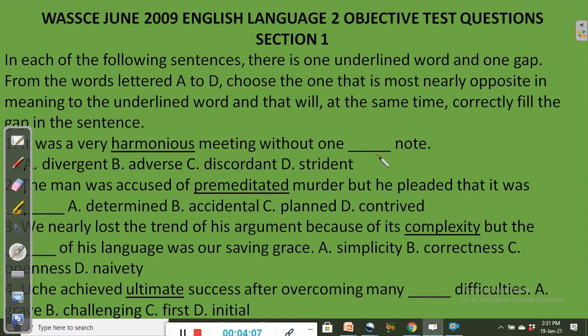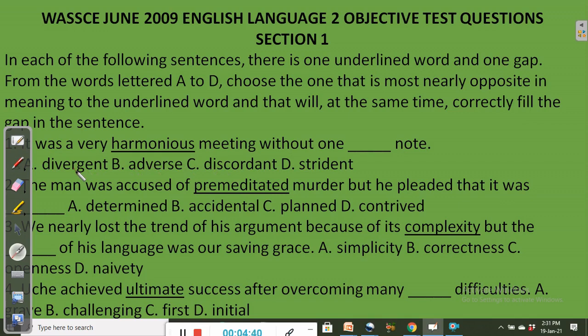Then we have to look for the word that is opposite to harmonious, and the options are as follows: A, divergent; B, adverse; C, discordant; and D, strident. Now, the right option is discordant, because discordant means in disagreement or characterized by conflicts.